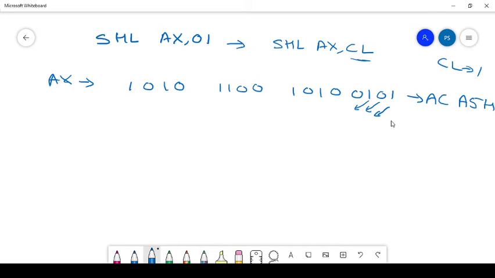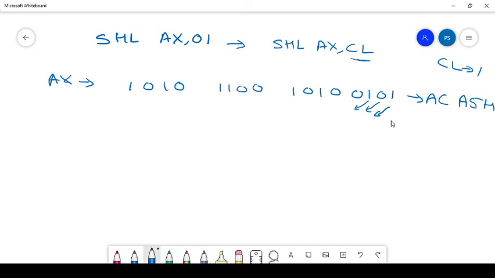This will be 0, 0, 1, 0, 1, 0, 0, 1, 1, 0, 1, 0, and the MSB will be moved to the carry bit. It's one operation, shift left one operation, and as per the instruction we have to insert the 0 in the newly created LSB. So this will be the answer, 1101 1001.